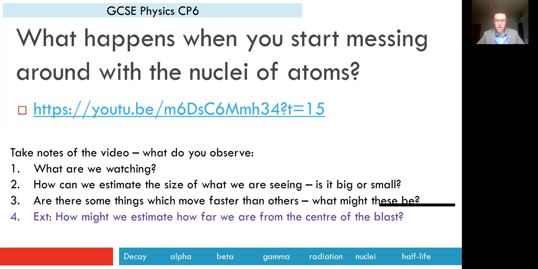Are there some things which move faster than others? What might these be? What I thought coming towards us, first of all, we could see ripples on the surface of the sea, which then seemed to hit the trees in front of us, blowing the trees, and then we heard the bang. That was a sound wave or a pressure wave which came with the explosion.